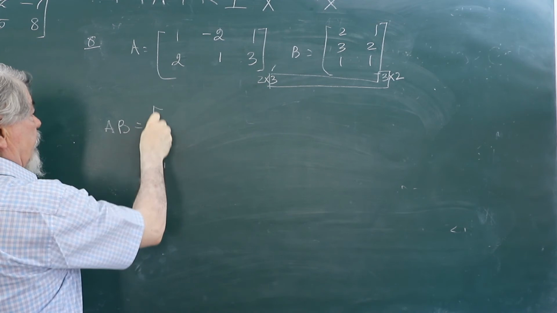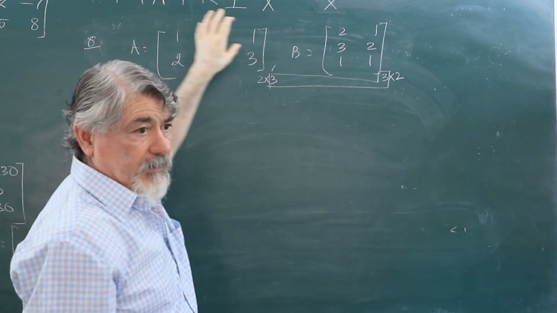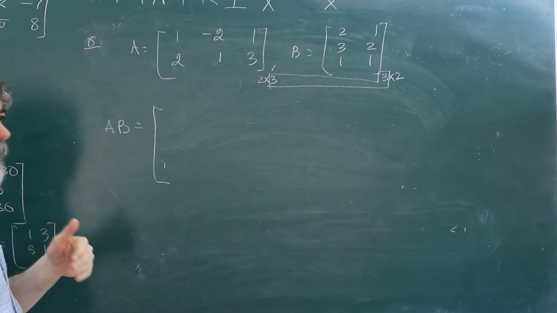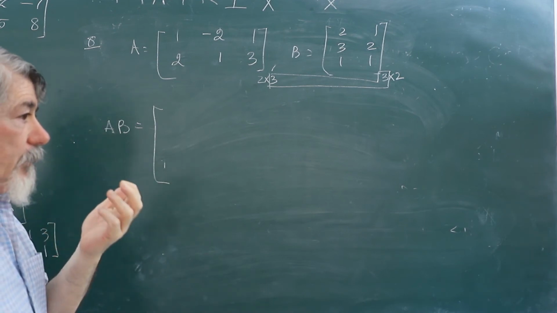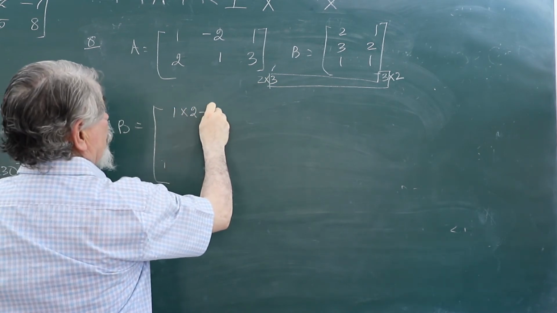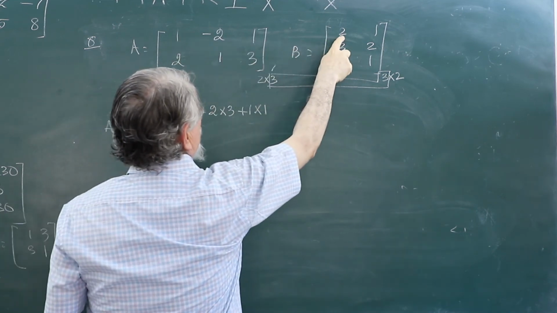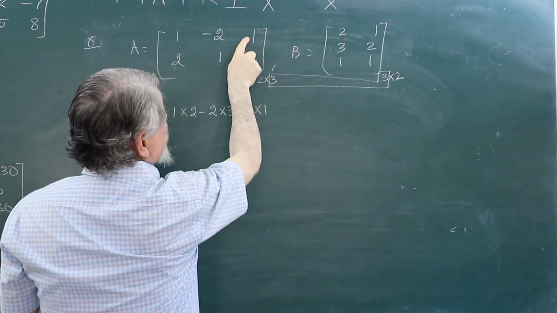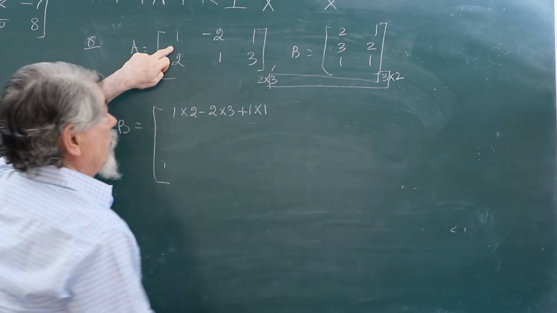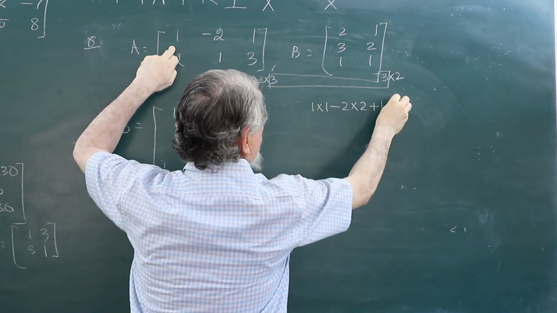Let us find A into B. First row into first column. The elements of the first row will be multiplied with the corresponding elements of the first column: 1 into 2 minus 2 into 3 plus 1 into 1. Then first row into second column: 1 into 1 minus 2 into 2 plus 1 into 1.